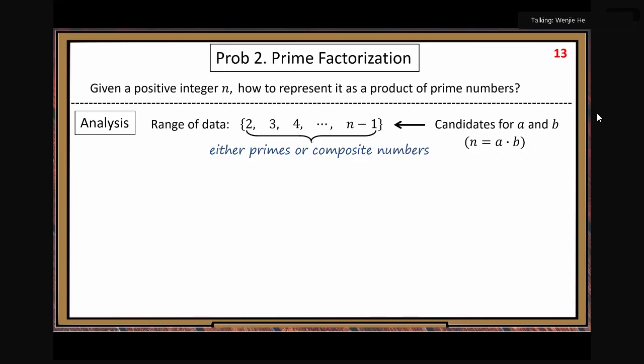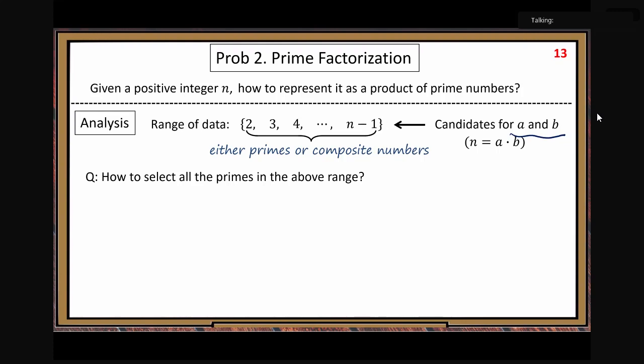It's a set of numbers, the candidates for the non-trivial factors. Because we don't have the unit 1, each one must be either a prime number or a composite number.